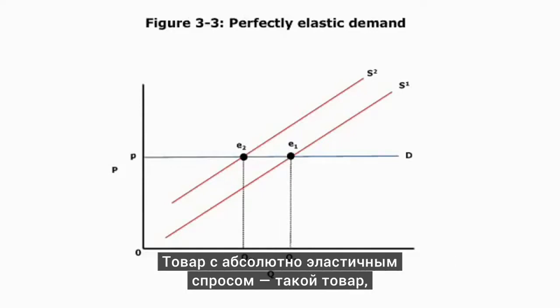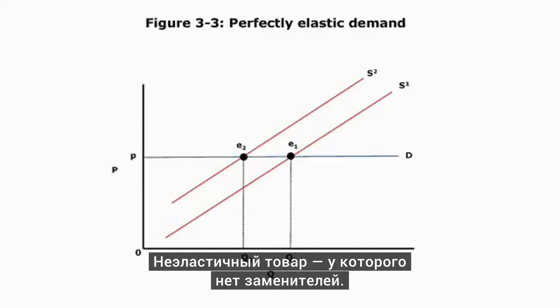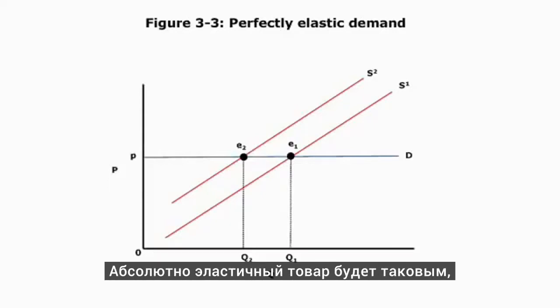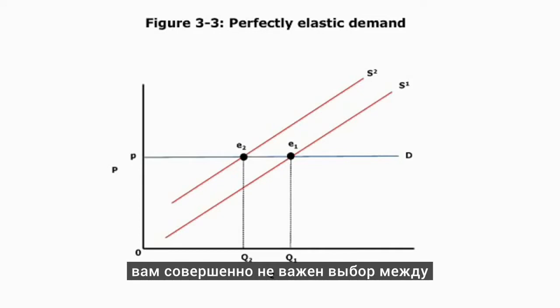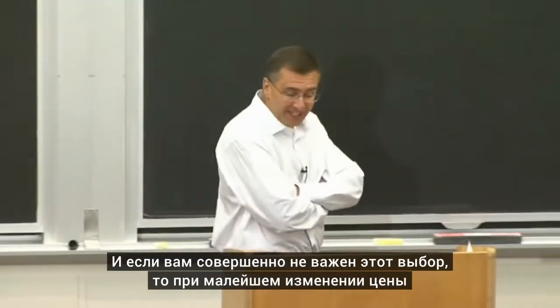A perfectly elastically demanded good would be one where there are essentially perfect substitutes. An inelastic good is where there's no substitute. A perfectly elastic good would be this perfect substitute. Technically, if a good is perfectly elastically demanded, then you are completely indifferent between that good and a substitute.